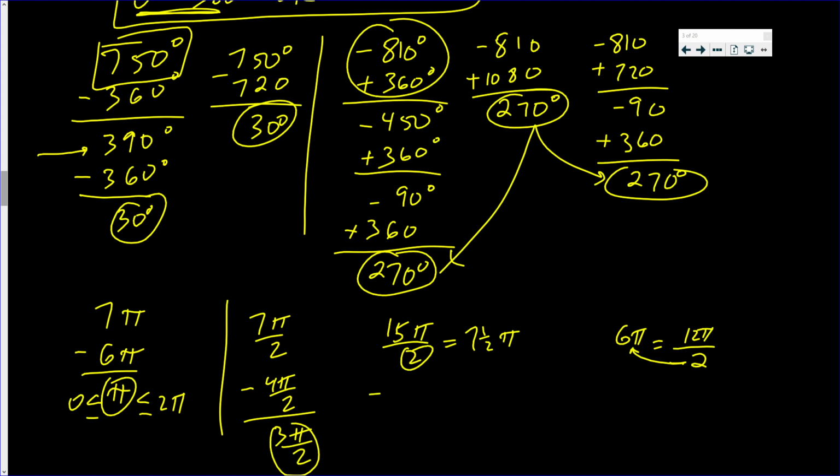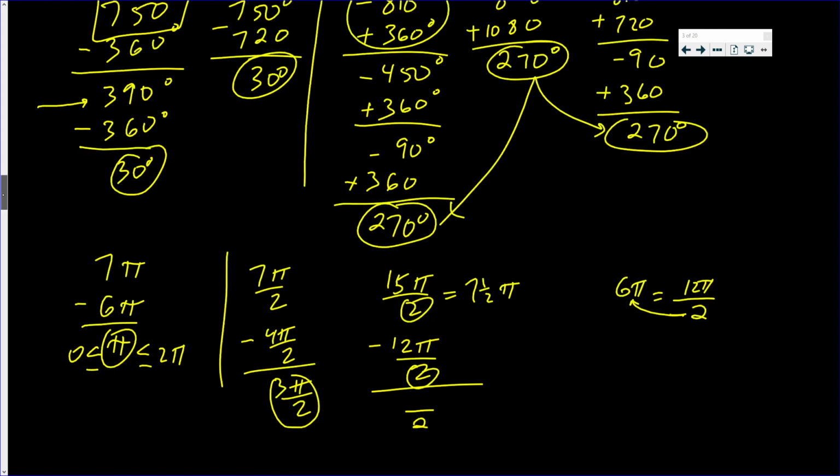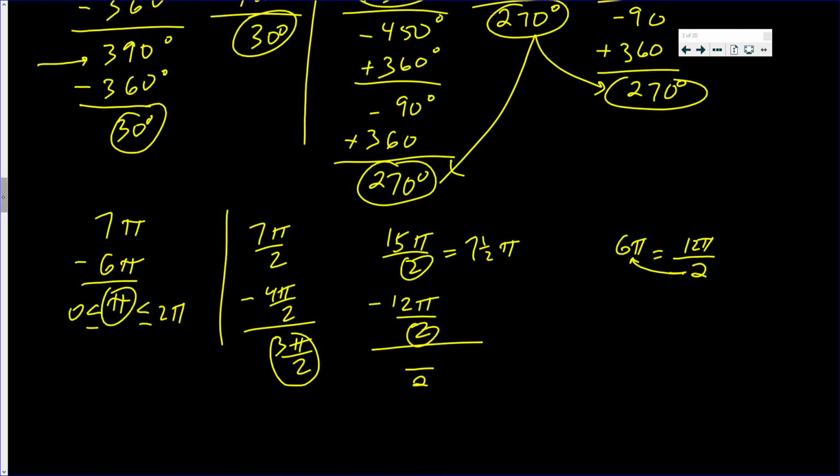So I'm going to take away 12 pi over 2. We're subtracting. The denominators are the same, so we keep that denominator. And 15 minus 12 is 3. 3 pi over 2. And we kind of knew that. If you take away 6 from 7.5, you get 1.5 pi. 3 pi over 2. Okay.